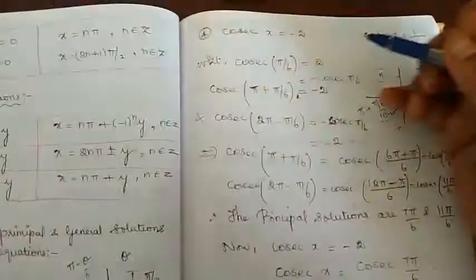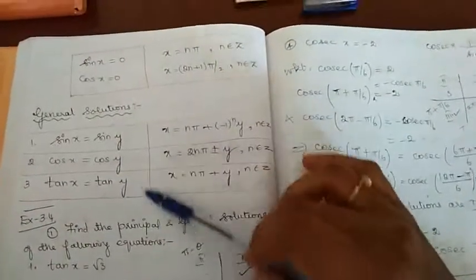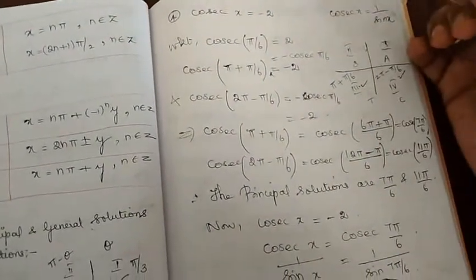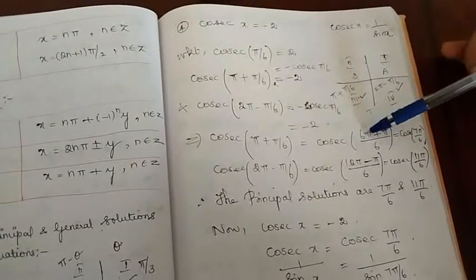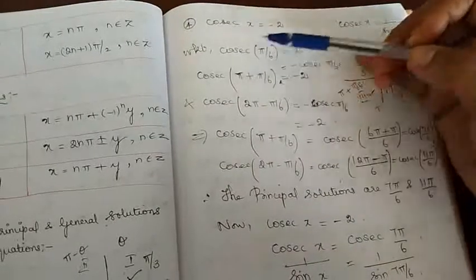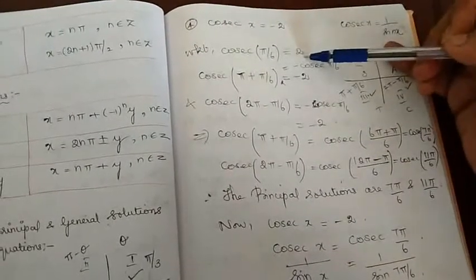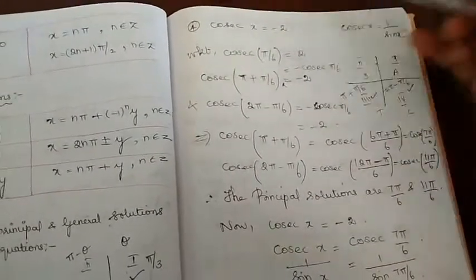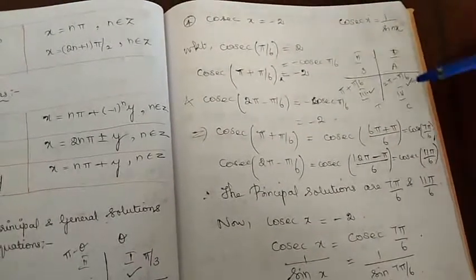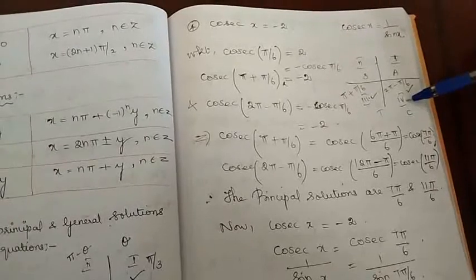See this example. If you have sine, cos or tan, directly you will relate it to this general solution. If it is cosec, secant or cot, what will you do? You find the principal solution in the same way. Cosec 30° is 2, but here it is negative, so θ can lie in the third or the fourth quadrant.